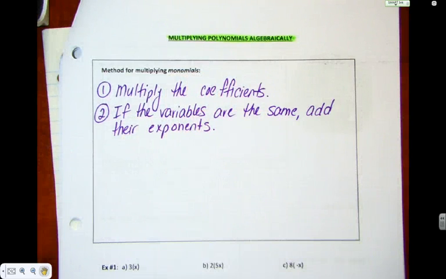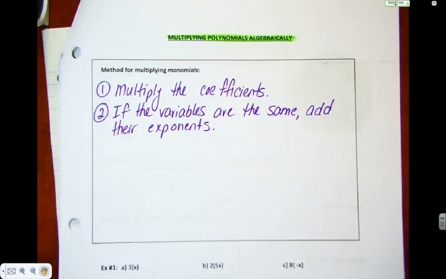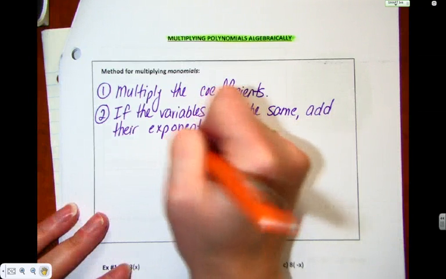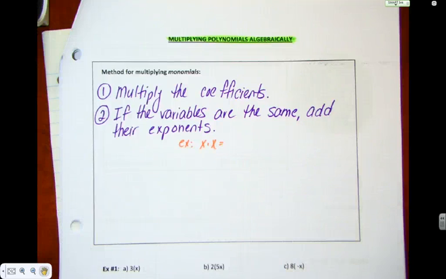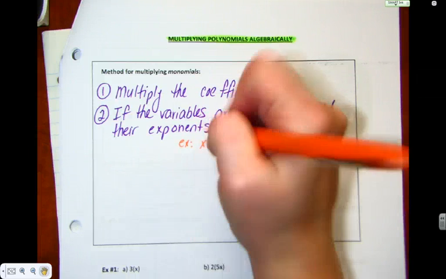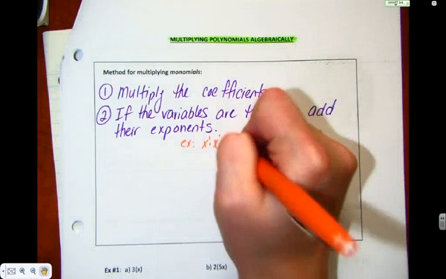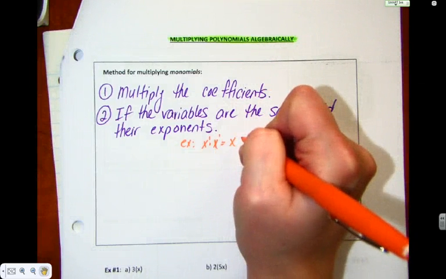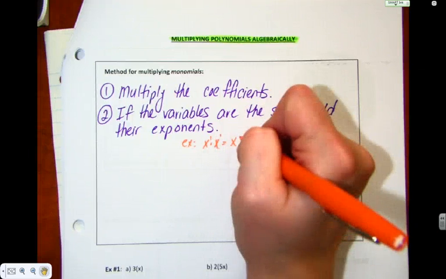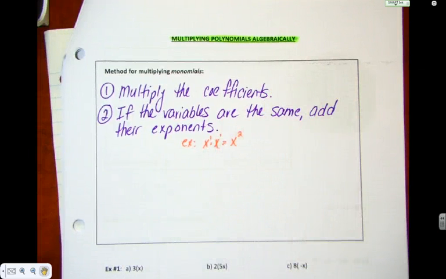For example, x times x, you should have looked at yesterday. If you have an x bar times an x bar, what shape does it form? Square, and that's because this is x to the 1, and this is x to the 1, and when we add 1 plus 1, we get 2. That's x squared, because you're adding the exponents.